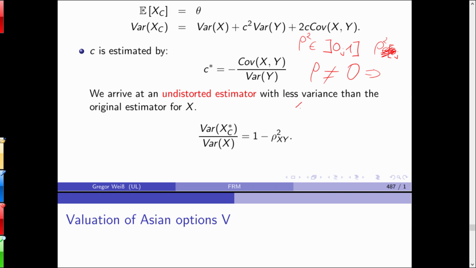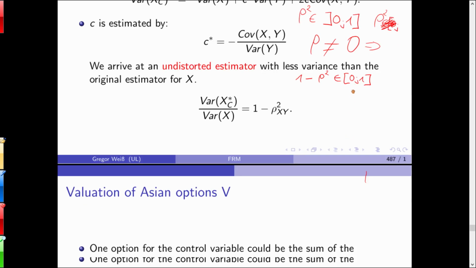That means that 1 minus rho squared is an element of (0, 1). And if you now multiply both sides with variance x, you can see that the variance is reduced. It's quite a simple equation, for a correlation that is not equal to 0. If the correlation is 0, then they will be the same, obviously. Okay.